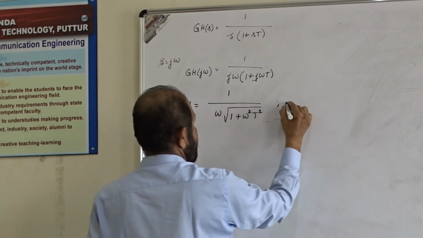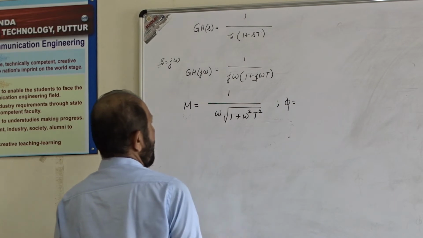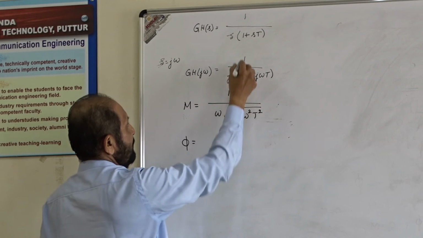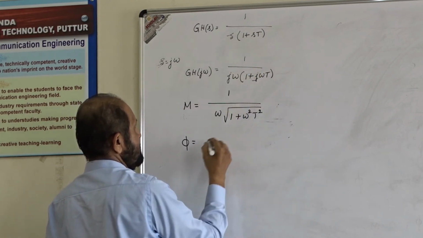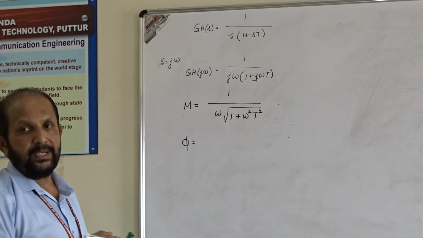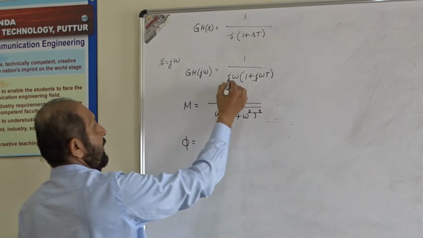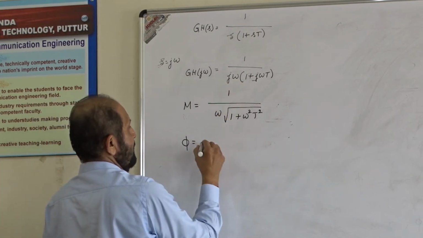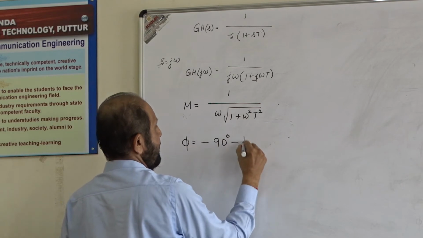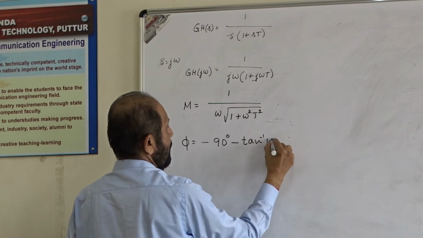The phase angle is given by the angle of the numerator, a purely real number, so it is 0, minus the angle of the term J omega, tan inverse of imaginary divided by real part, which is 0, so tan inverse of infinity is 90 degree. Since it is in the denominator, it becomes minus 90 degree, minus the angle of this term, tan inverse of omega t.